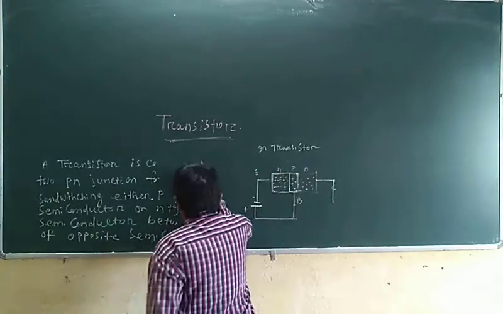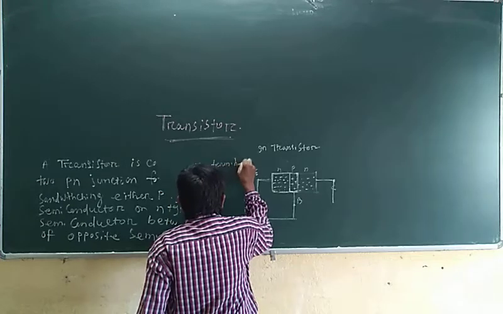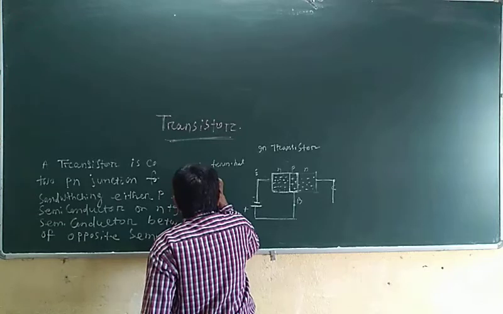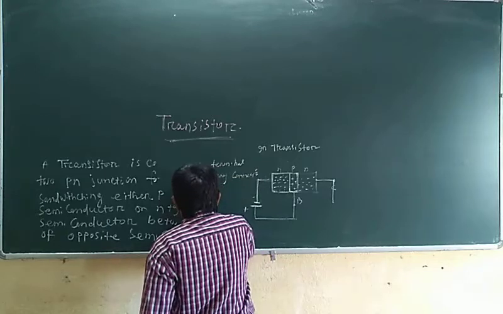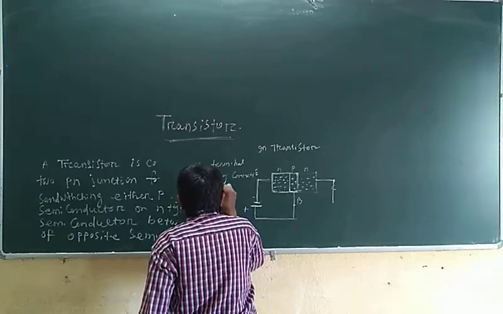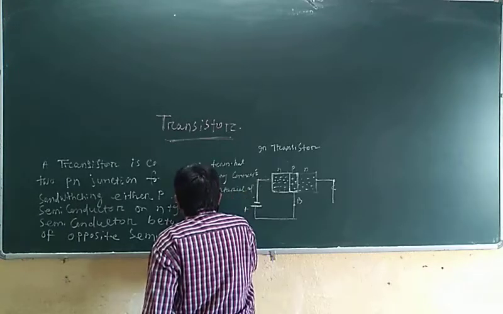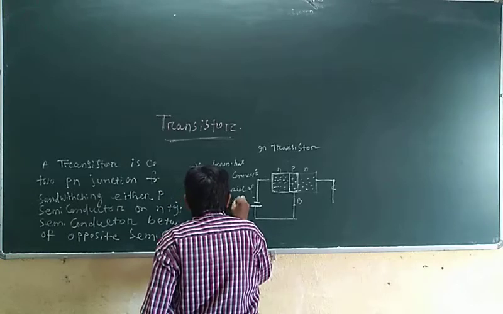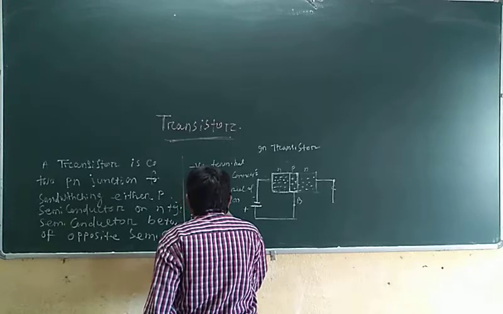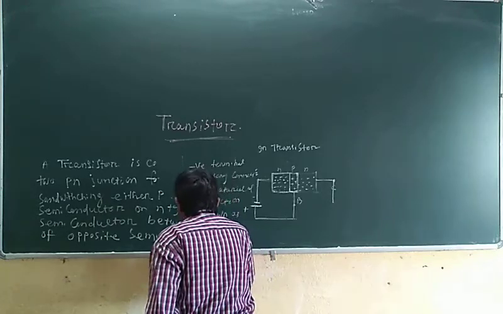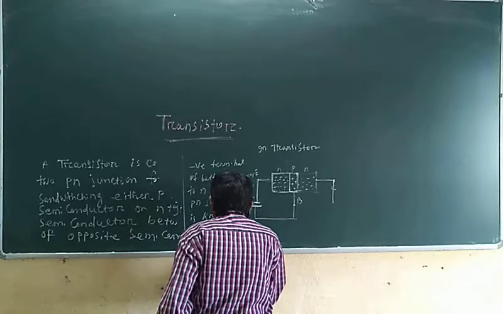So the negative terminal of a battery connected to the N material of a PN junction is known as forward biasing.